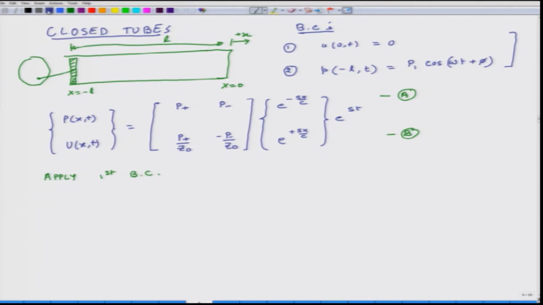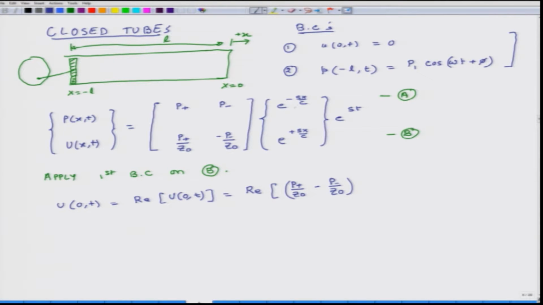We apply it on equation B. U at 0, t is equal to real of P plus over Z naught minus P minus over Z naught.